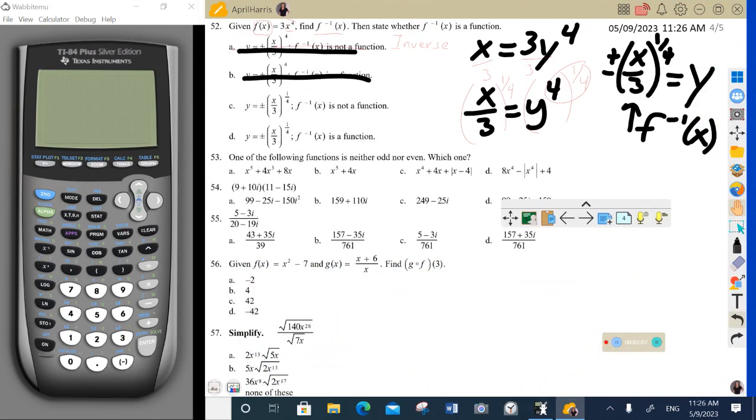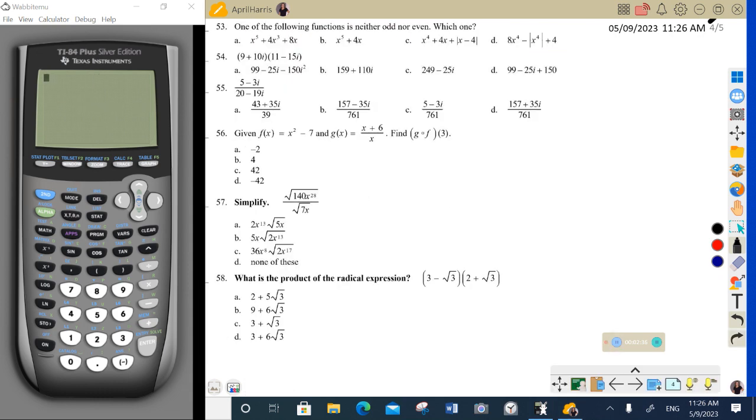So if I graph y equals 3x to the fourth, it's going to look like a parabola, but it's going to be more narrow. I'm going to hit zoom standard. And so it fails the horizontal line test. And so since the original function fails the horizontal line test, the inverse is not a function. So the answer is C.